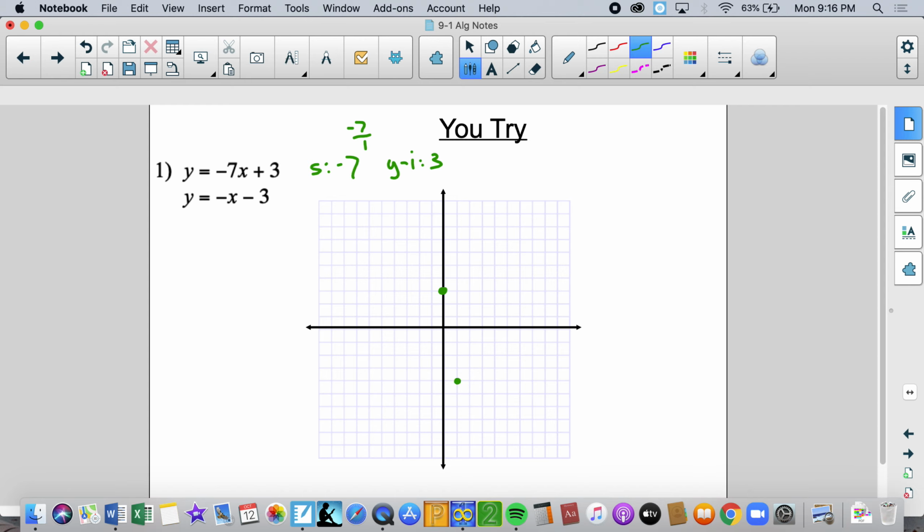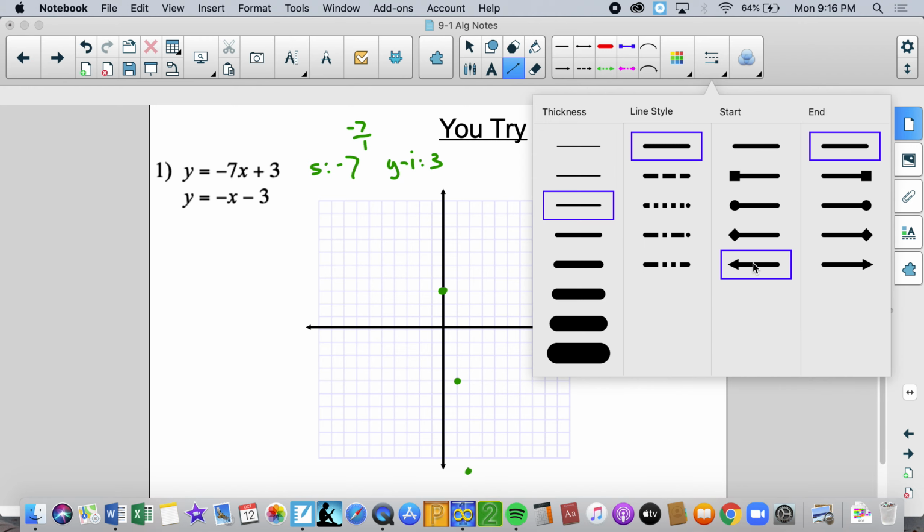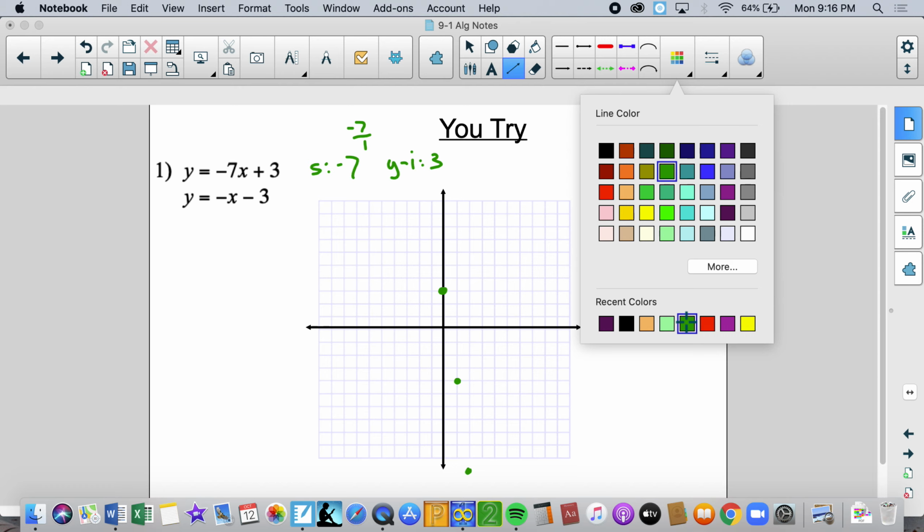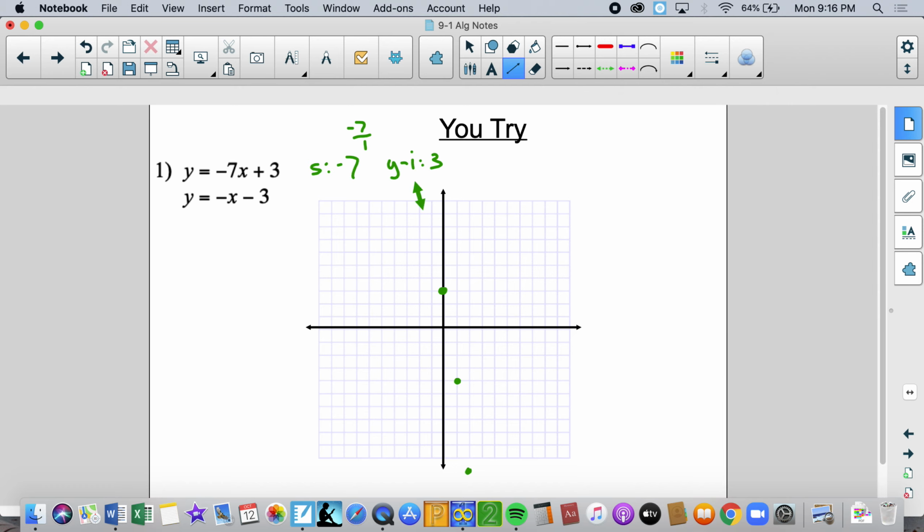Right 1. Down 1, 2, 3, 4, 5, 6, 7. Right 1. And we'll connect those dots. And these are all the solutions. It's a little bit off. That's much better.